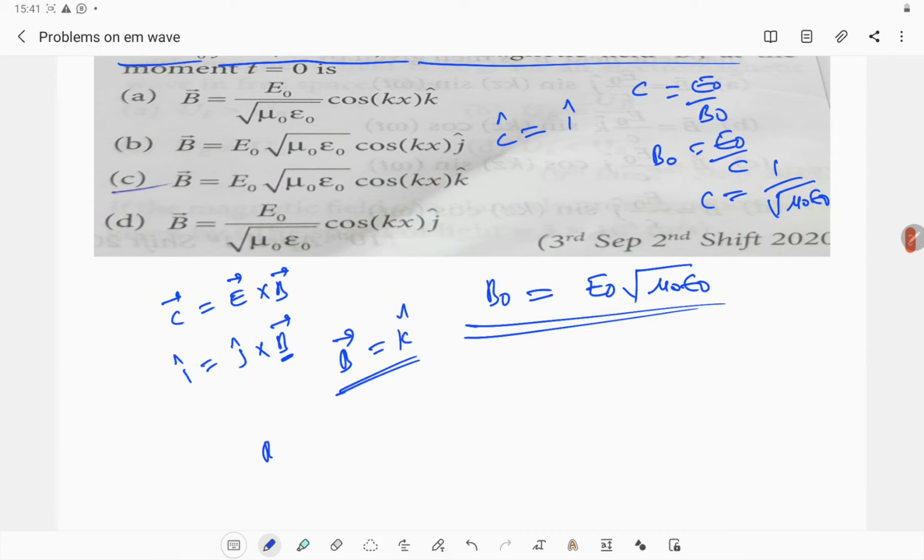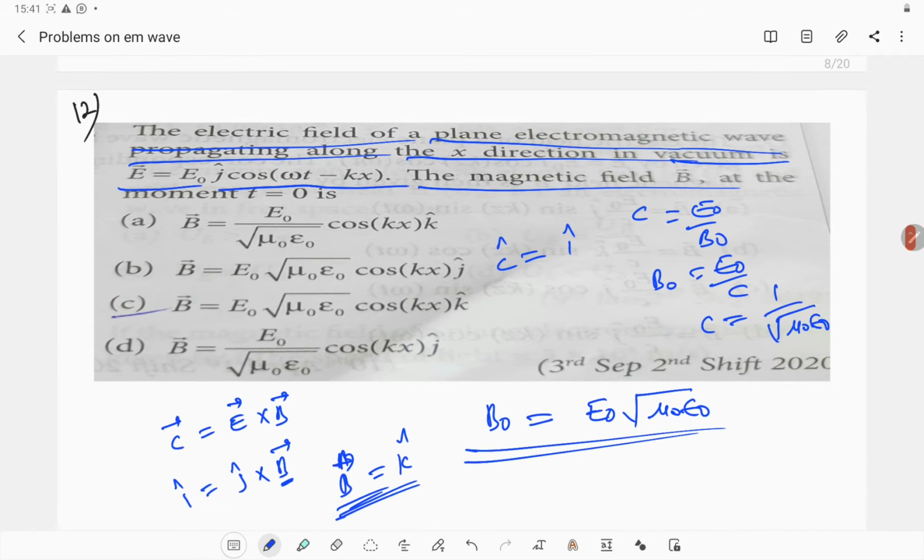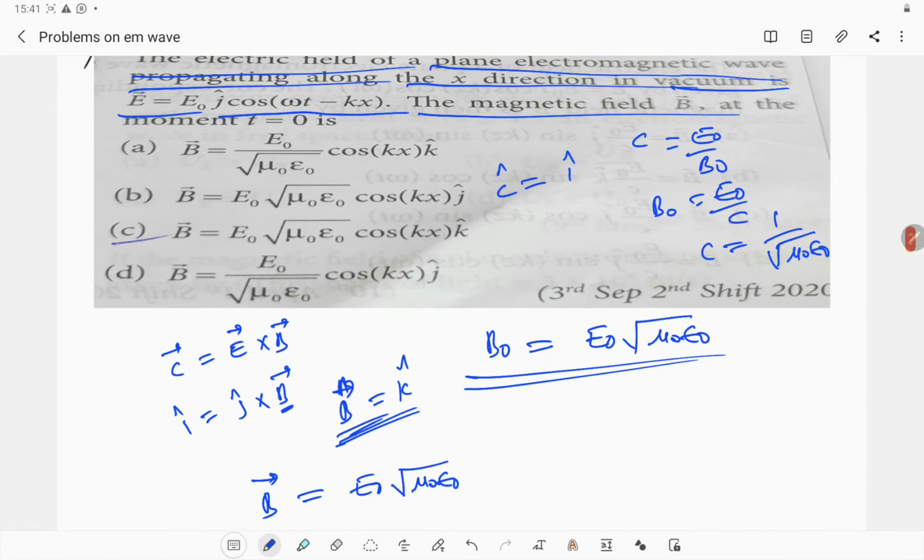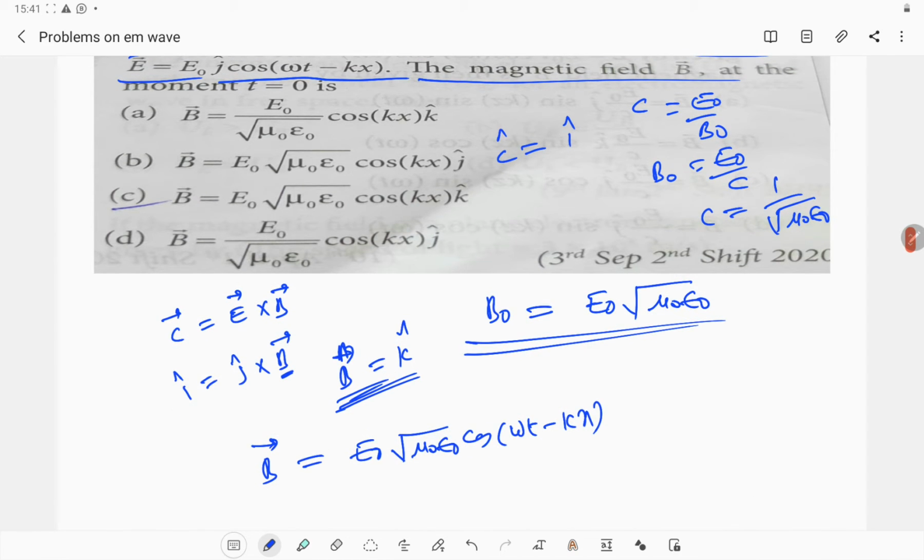Now, the vector B bar has magnitude E naught into square root of mu naught into epsilon naught, and same as the electric field, this is cos(omega t minus kx), and its direction is K cap.